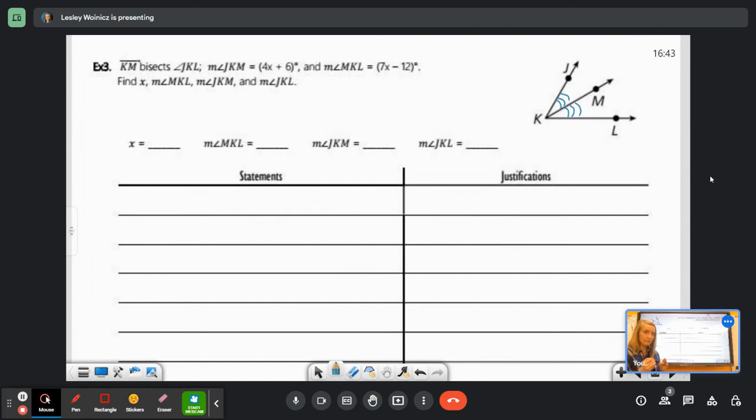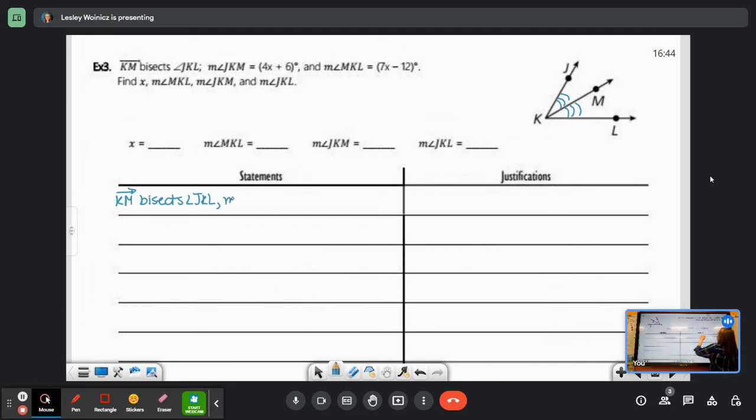Oh my goodness. So first thing we're going to do is write down all of the stuff that they gave us as our given. So we'll have KM bisects angle JKL.